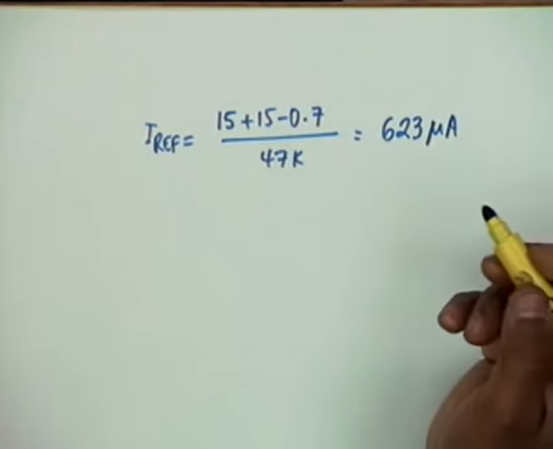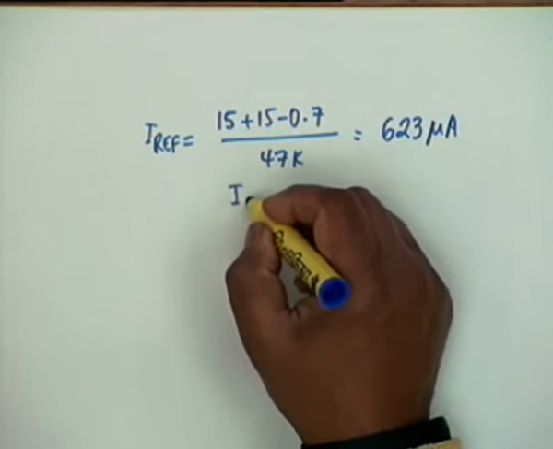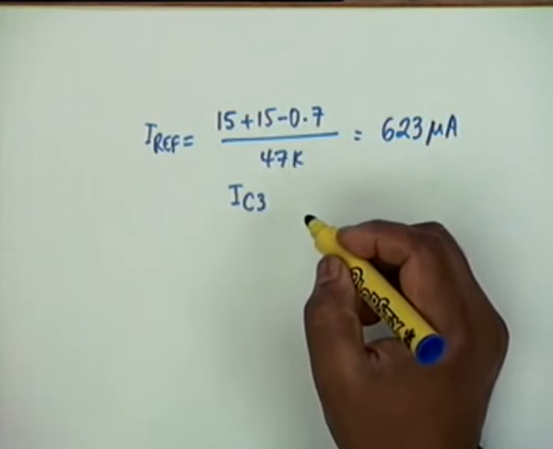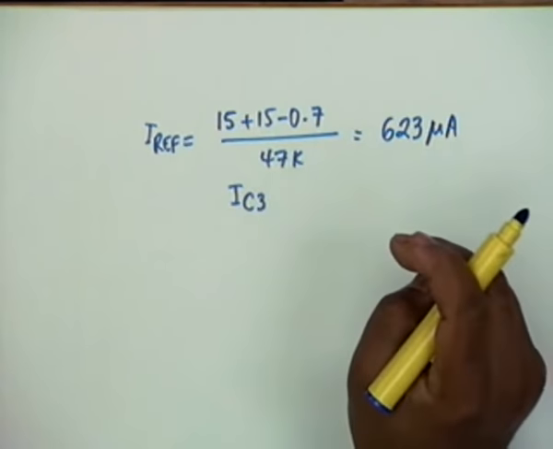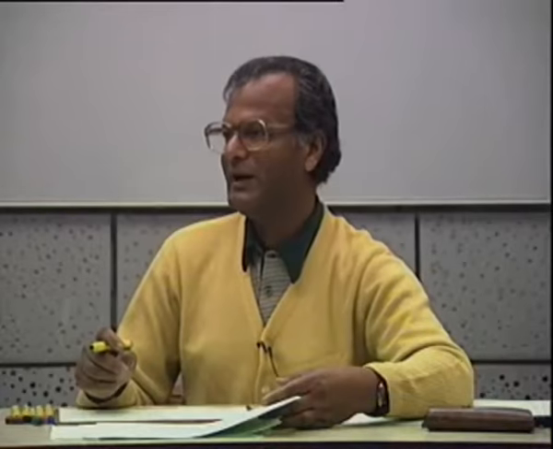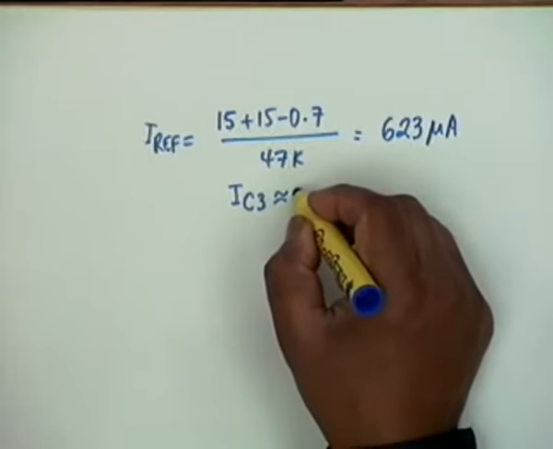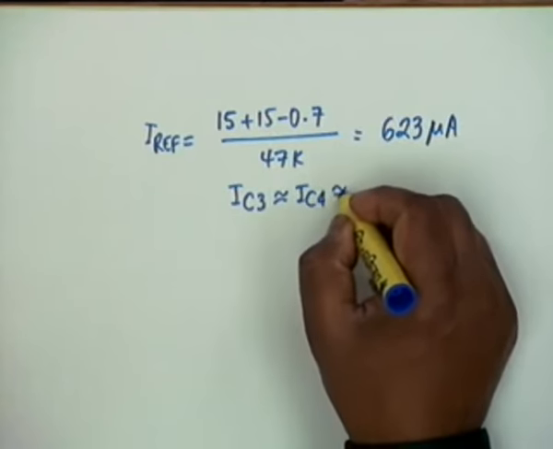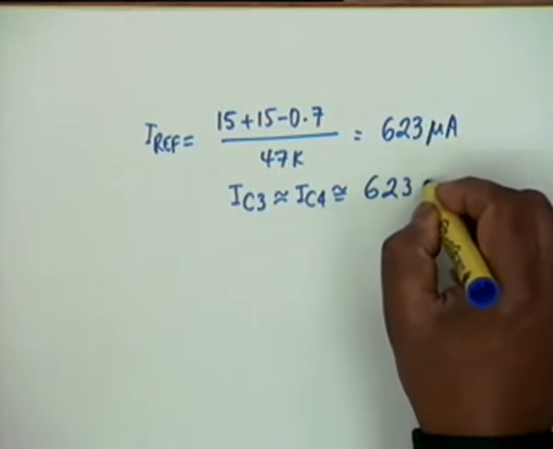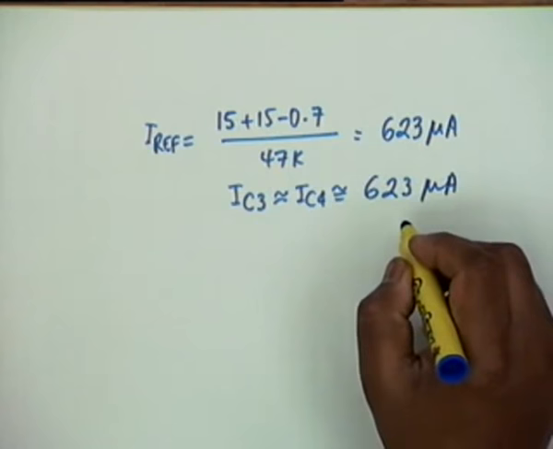If this is IREF, then obviously IC3 we will examine that point about IB1 and IB2 later. But IC3 is approximately equal to IC4, approximately equal to 623 microampere, both of them.